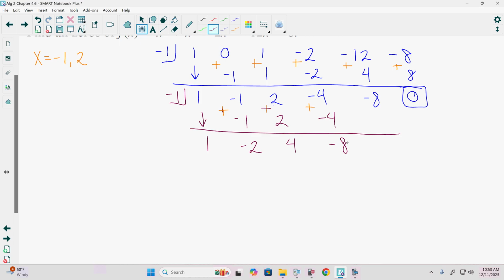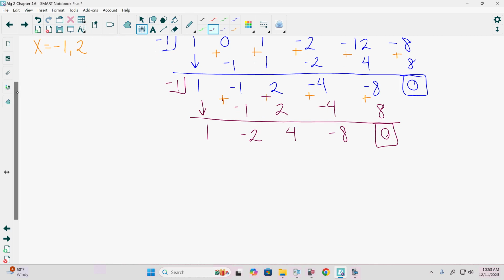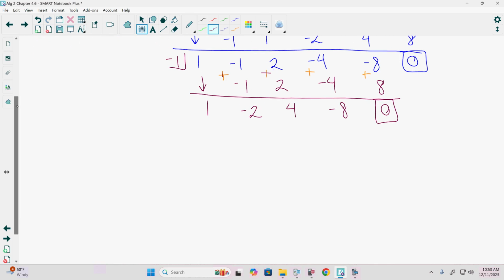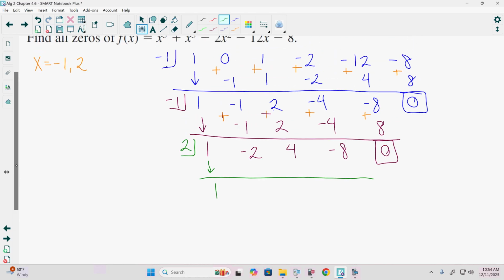And -1 times -8 is +8. So our -8 plus 8 is 0. So we are able to say that -1 did show up twice. Which is nice. Because that means we can move on and try our other term.